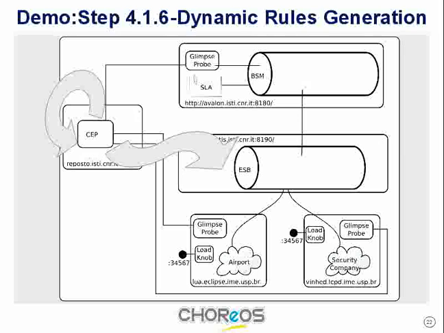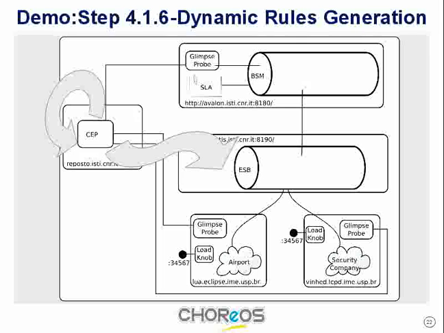Now the CEP, on receiving this notification, starts a dynamic discovery process to see if there are any events coming from the infrastructure level, and so it automatically generates a sort of rule aiming at discovering this kind of event.